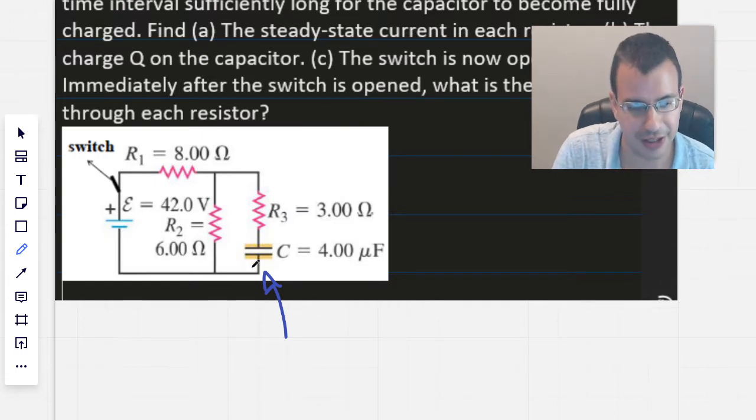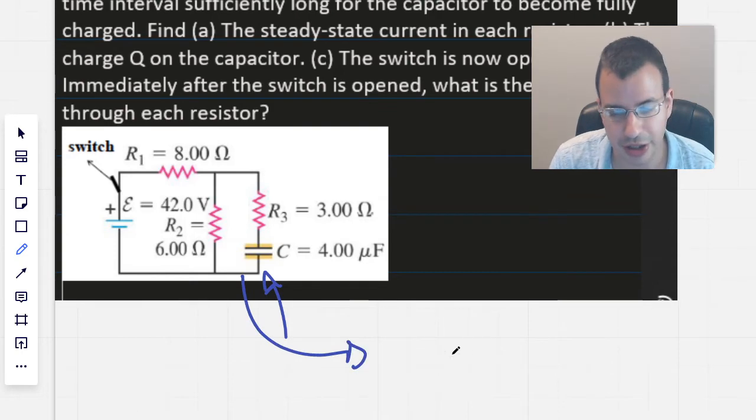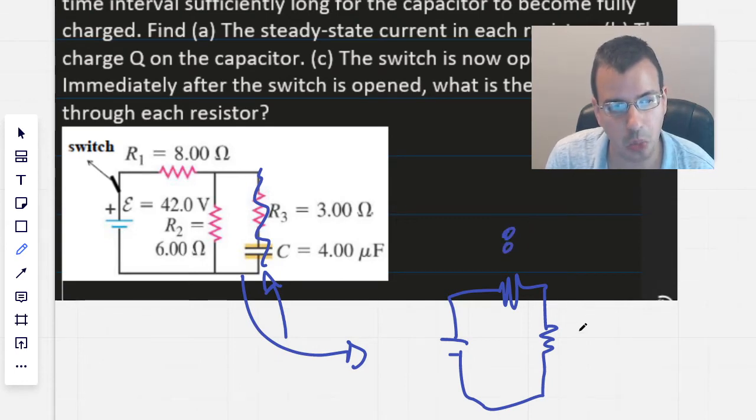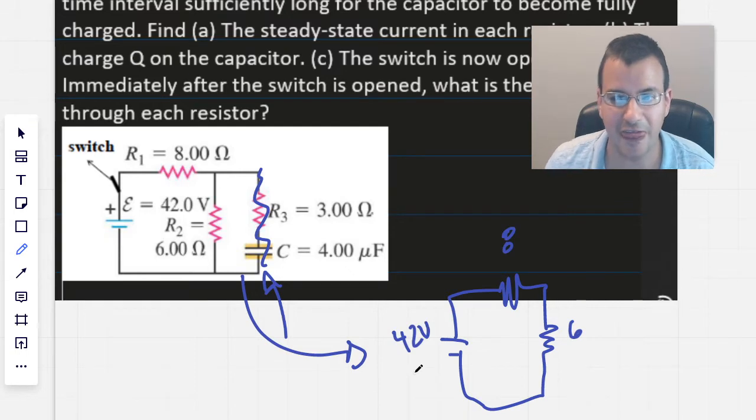If I redraw this, it looks the same as resistor, resistor, and back, where the capacitor part is completely ignored. So we have 8 ohms here, 6 ohms here, 42 volts there.